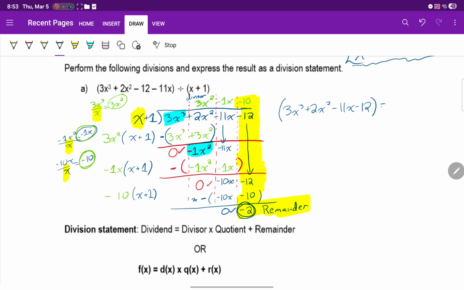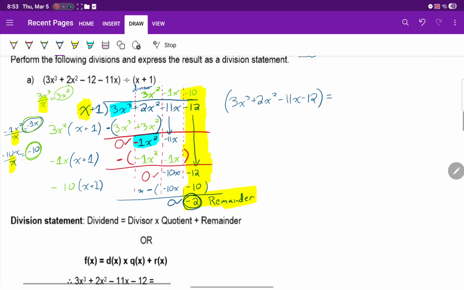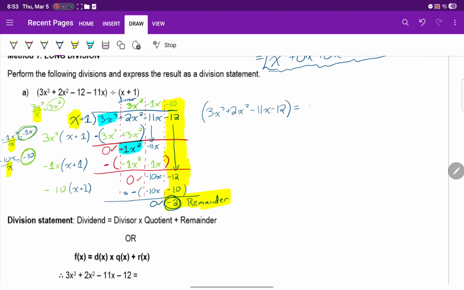That's equal to my divisor, which was x plus 1, times my quotient, which is 3x squared minus 1x minus 10, plus my remainder. Since it's negative 2 remainder, we're going to go minus 2.